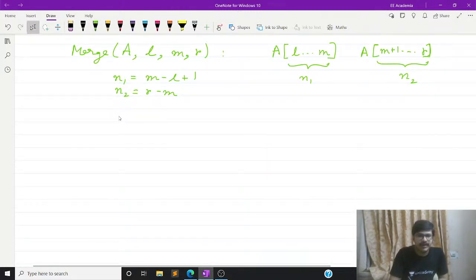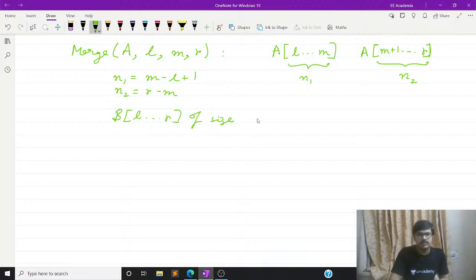So I have to create a new array. Let's call this array B, from L up to R. I'm taking just a new array, nothing else, of size R minus L plus 1.